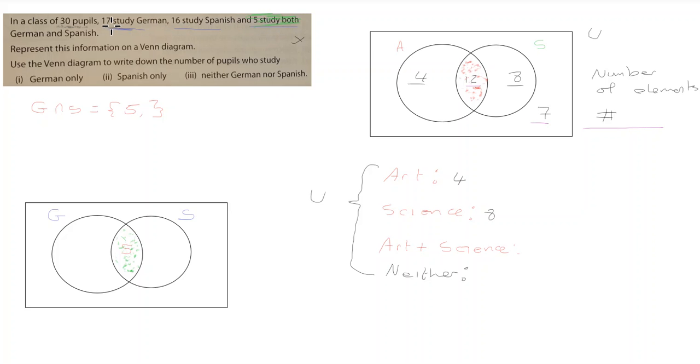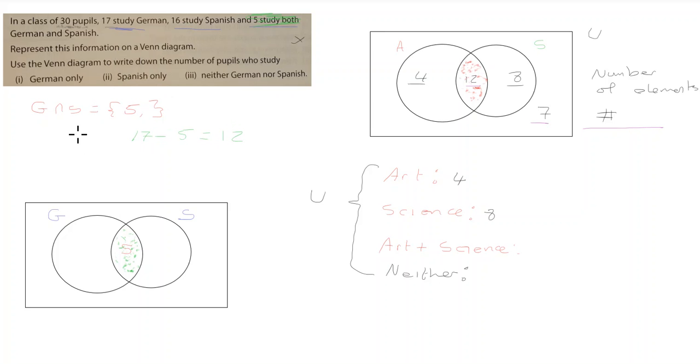If we want to find the number of students that only study German, we'd have to take the total number of students that take German and take away the students that study German and Spanish, because they would be made up within this number as well. So for the first part, it's going to be 17 minus 5, which is equal to 12.